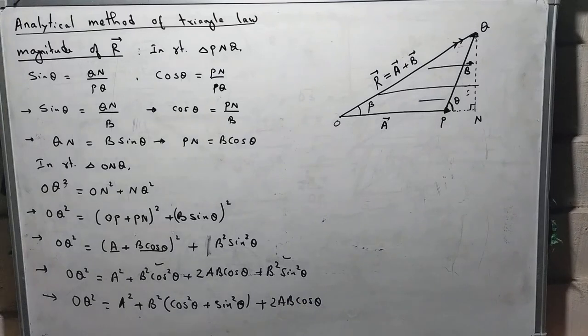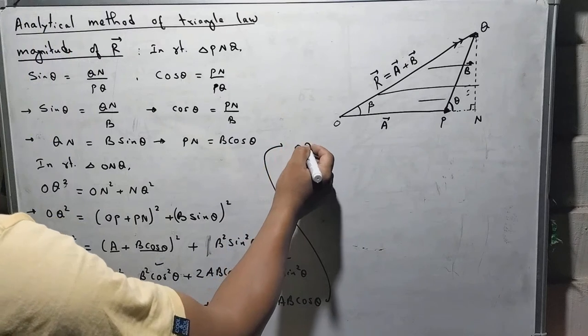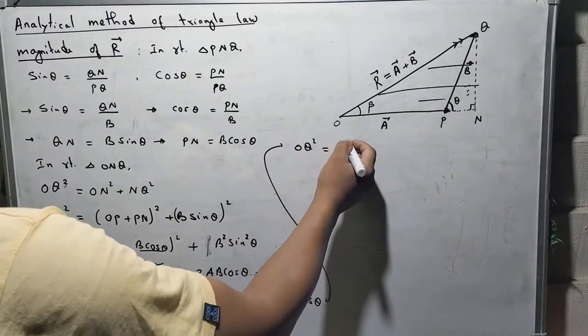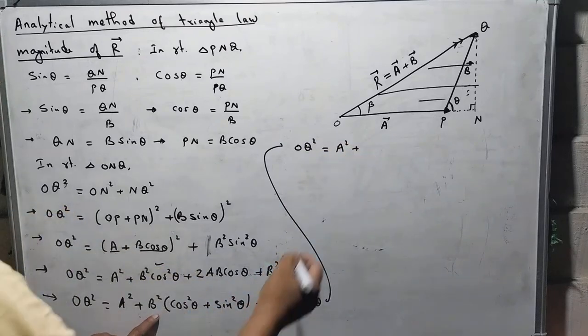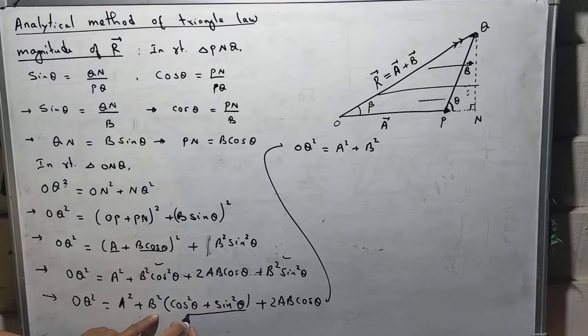Next, OQ square is equal to A square plus B square. Now how much is cos square theta plus sine square theta? I think you still remember from the trigonometric identity in class 9 or class 10, cos square plus sine square is equal to 1.